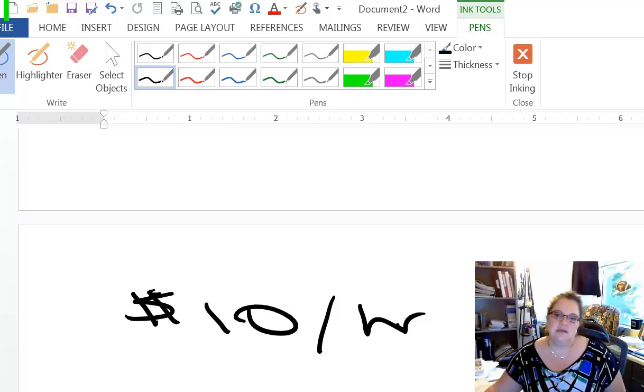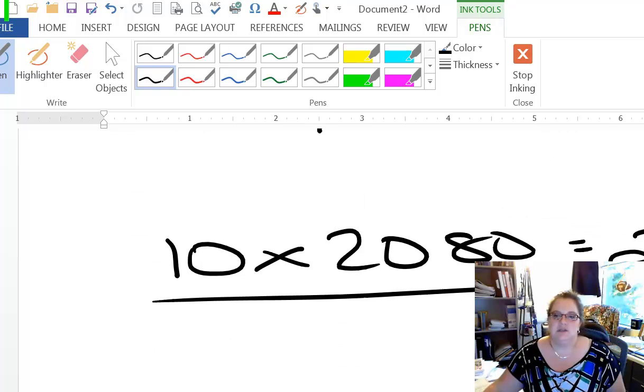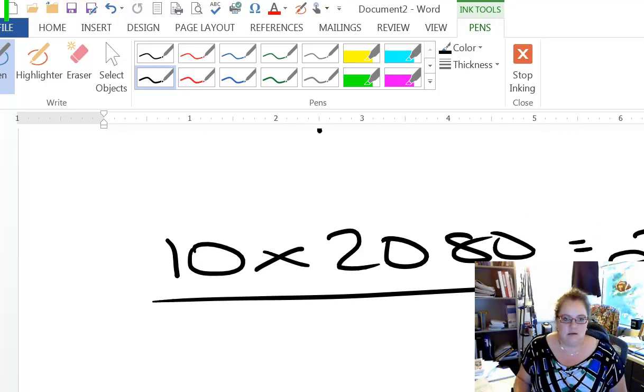If they make $10 per hour and they have 2 overtime hours per week, then your number changes a bit. It's 10 times 2080 plus 15, because overtime is paid at time and a half unless otherwise specified by union contract, times 2 hours per week times 52 weeks a year.